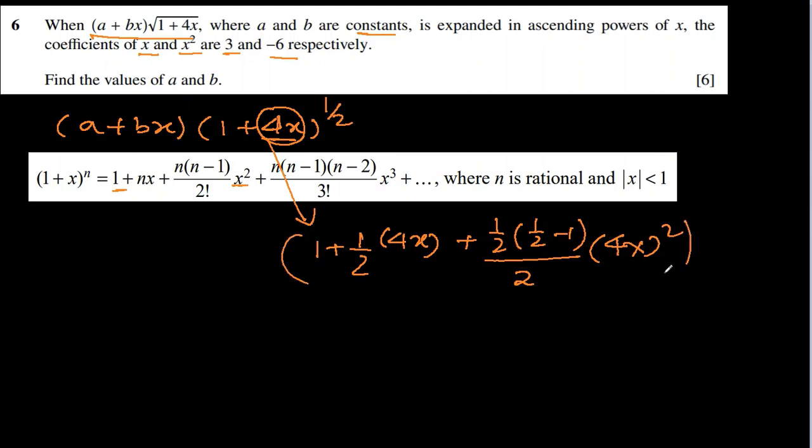This is the second bracket, and I'm stopping at square because they are interested in x and x square only. And I will write the already simplified bracket in front.